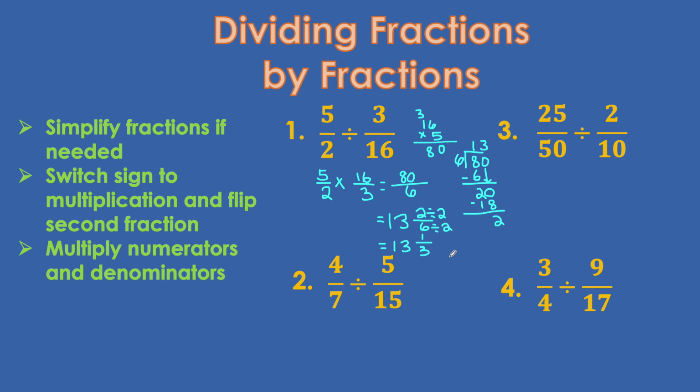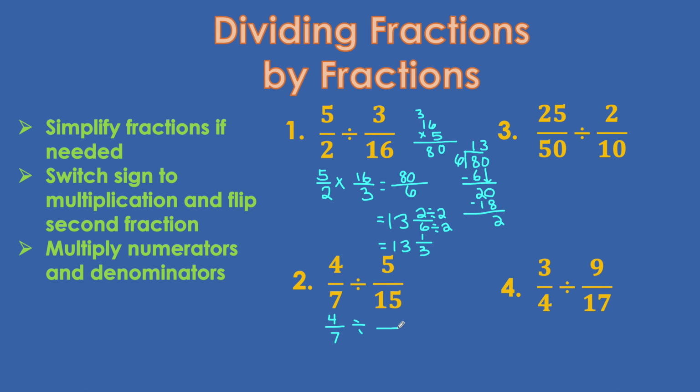Looking at number 2, we have 4/7 divided by 5/15. First, check to see if any of these fractions can be simplified. The second one can. Let's rewrite this. 4/7 divided by, you want to make sure you keep this division sign as division.